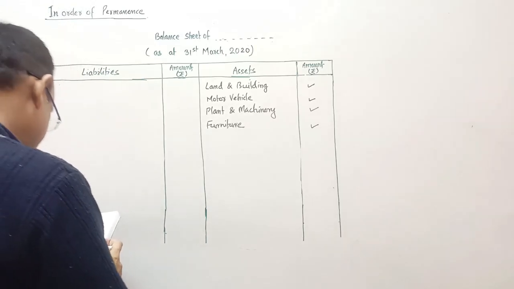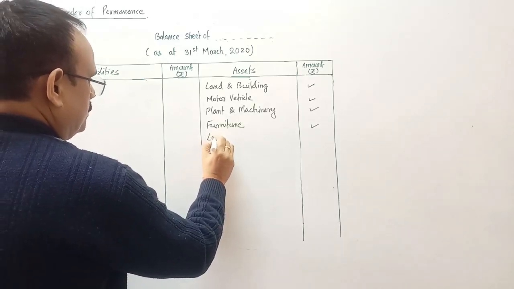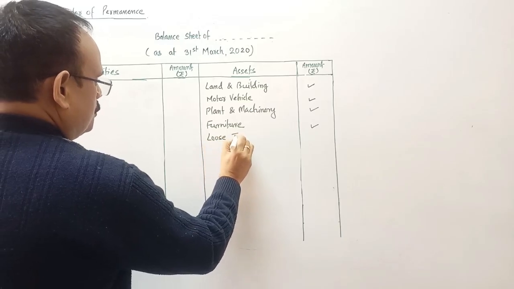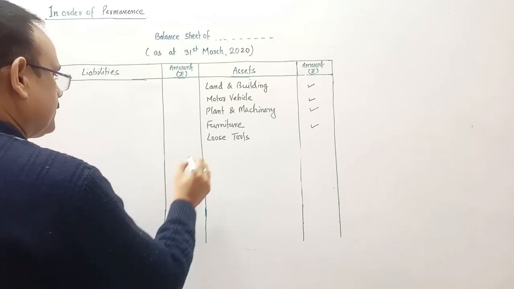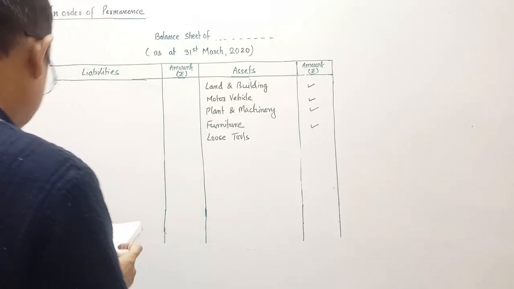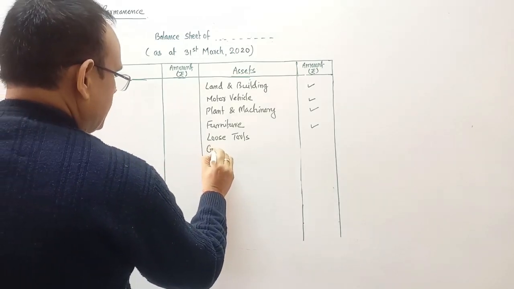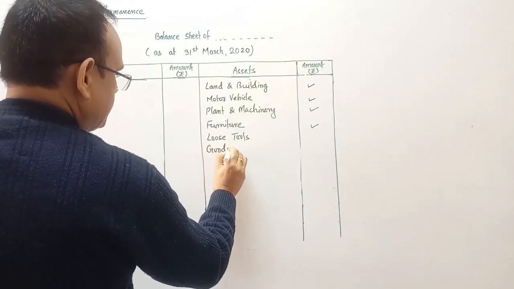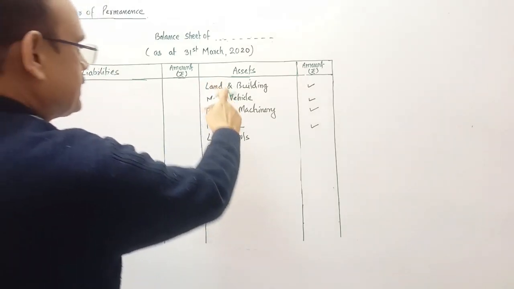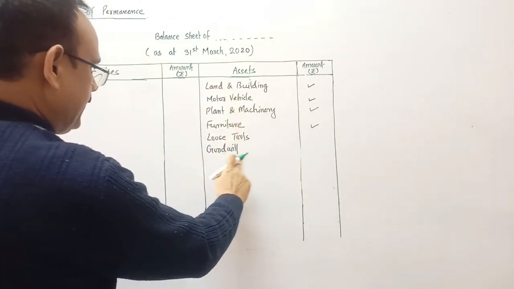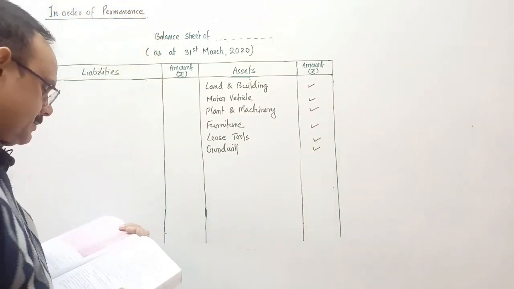Furniture. Okay. After furniture, next is loose tools. Thereafter, next is goodwill. Goodwill is intangible asset, fixed but intangible. These assets are tangible fixed assets. This is intangible fixed assets. So goodwill, intangible fixed assets.